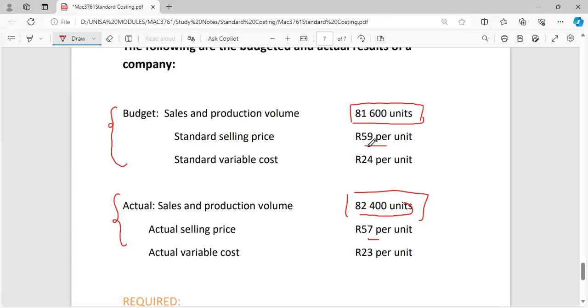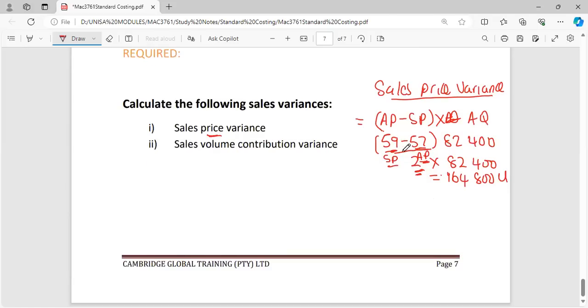You see, 57 is the actual price, and then 59 is the standard price. Do you see it now? Yeah, now it's clear. It's me who made it; the way I wrote it here is what maybe confused you, because the formula no longer corresponded. But the standard price is this one, and this is the actual, which means the standard price is greater than the actual price. So it's going to be unfavorable in this case.